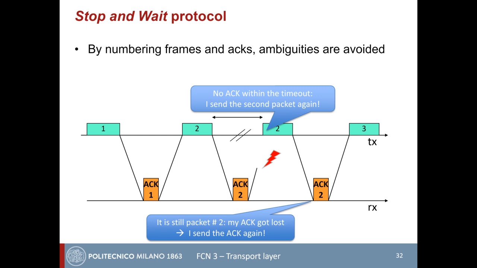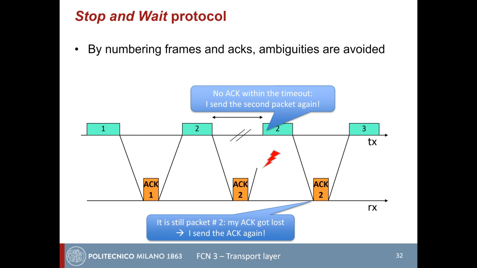So it will drop the second copy of packet number 2 in order to avoid duplications, and it will send ARQ number 2 again. Obviously, if the receiver has received packet number 2 correctly and generated the first ARQ, but the sender sends packet number 2 again, it means that the first ARQ number 2 has been lost. So the correct procedure is to drop the second copy of packet number 2 and to generate ARQ number 2 again.